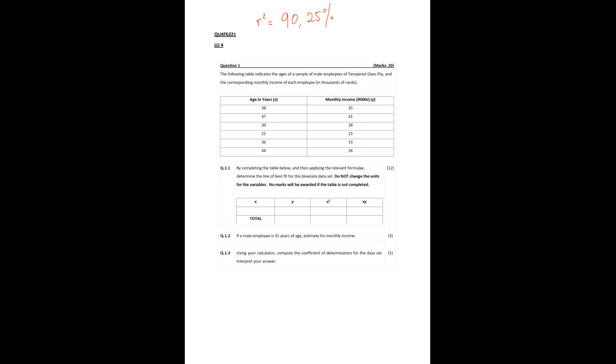So here you're basically saying that 90.25% of the variation in the Y variable, here the monthly income, is explained by the variation in X, the age of the employee.